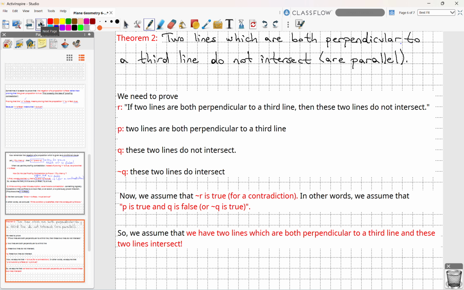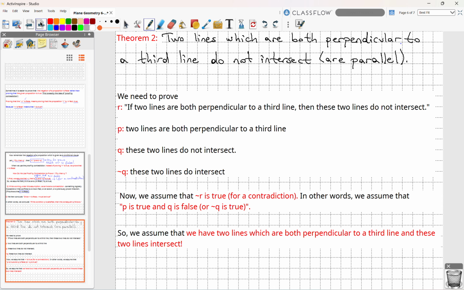Okay, if you remember in plane geometry 5, in that video, we saw theorem 2 and we proved this theorem using proof by contradiction method. This was the first time we saw proof by contradiction method. That's why I started to create these 4 videos about proof by contradiction.